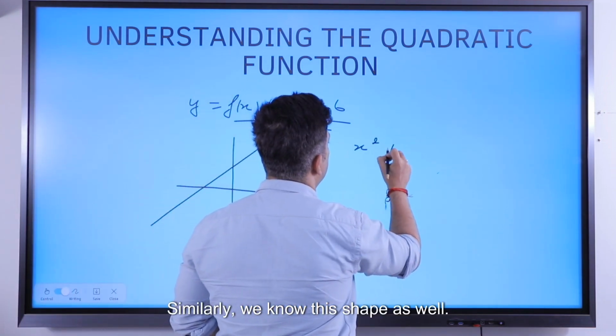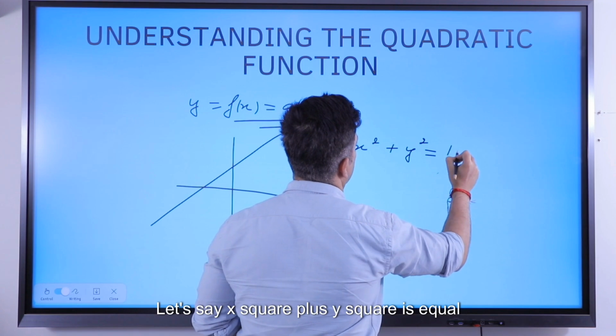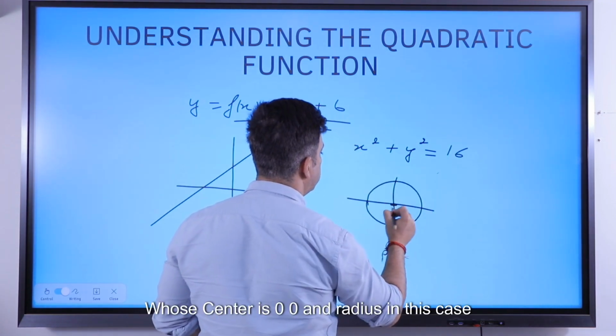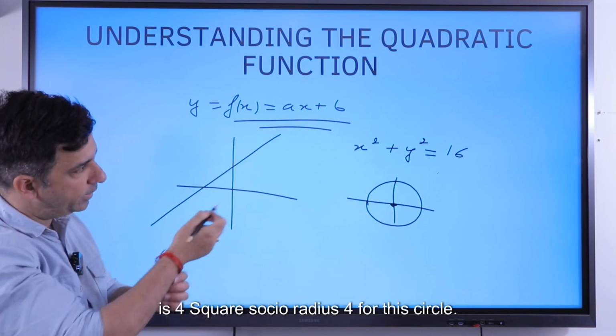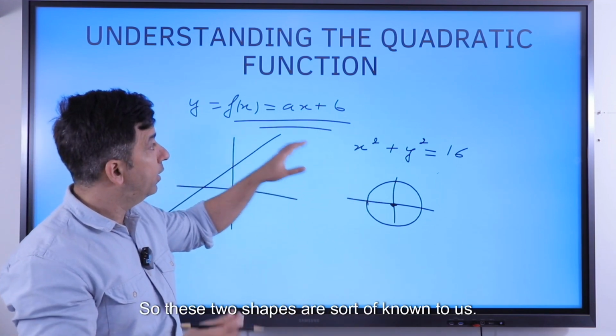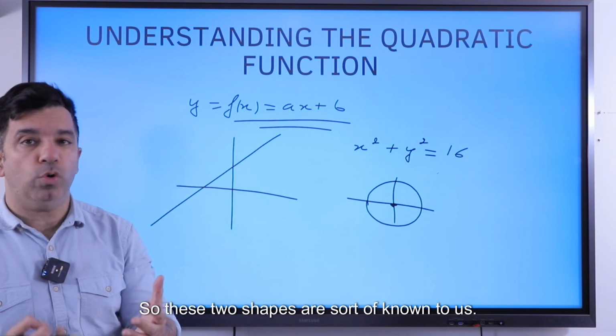Similarly, we know this shape as well. Let's say x square plus y square is equal to 16, which results in a circle whose center is (0, 0) and radius in this case is 4. So these two shapes are sort of known to us.